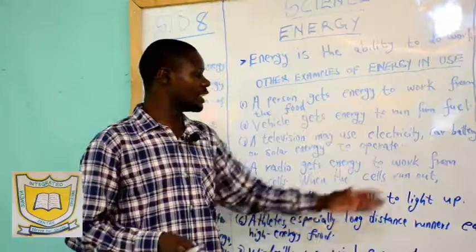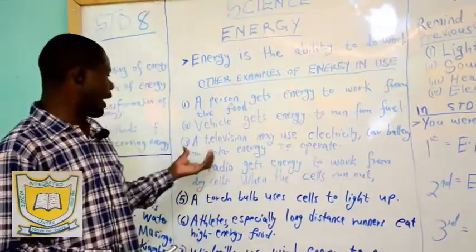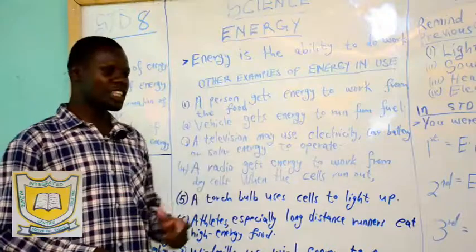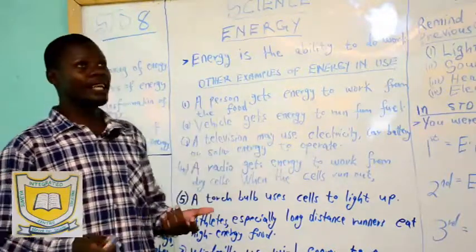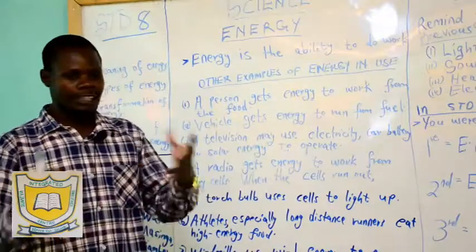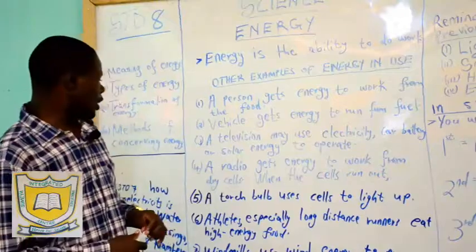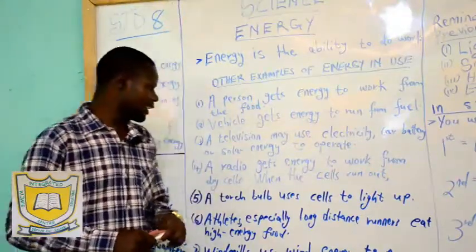If not electricity, you can supply energy from the car battery or solar energy. Solar energy means the sun. We have the solar panel that connects solar energy to electricity. We'll talk about that energy transformation when we reach that level. That is another source of energy in use.